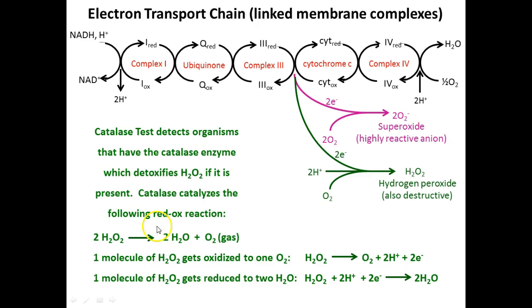So our catalase test is a test for a particular enzyme that has the ability to break down hydrogen peroxide into a safer form of oxygen again. It breaks down hydrogen peroxide, and this is the important reaction you need for your report. It breaks it down into water and gaseous oxygen.